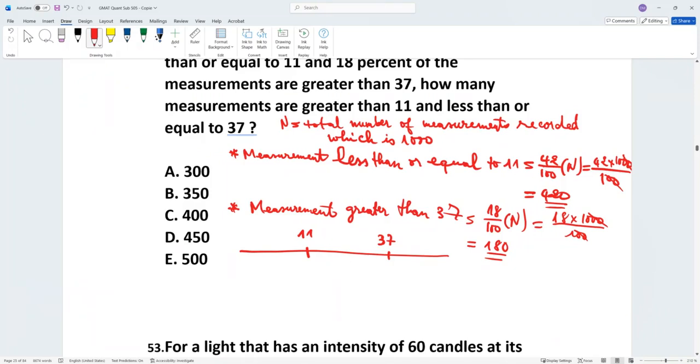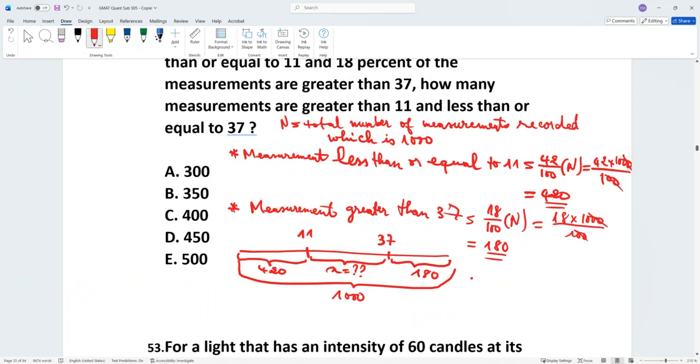And from what we have calculated, here we have 420, and here we have 180. So this is x that we are looking for. That's the question that is being asked. And the total here is 1,000.